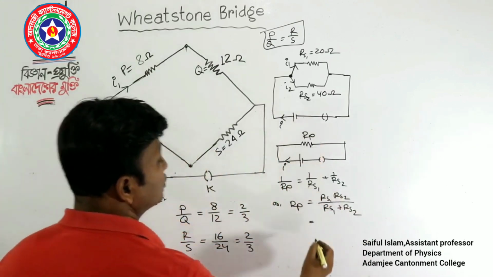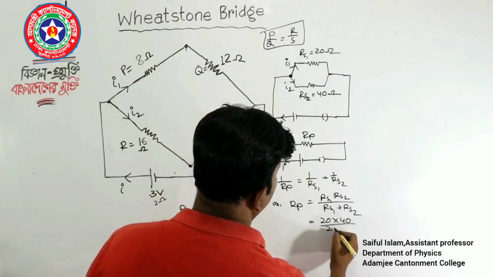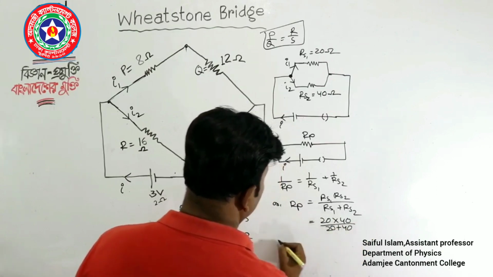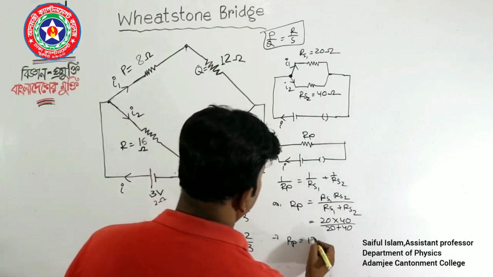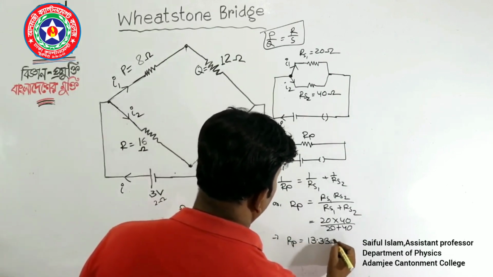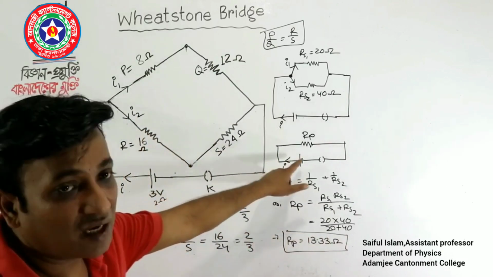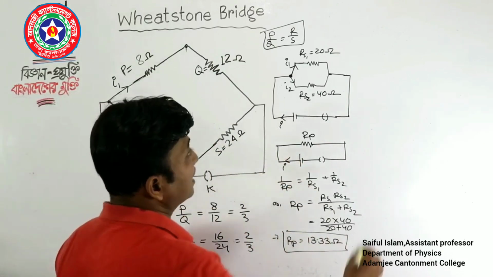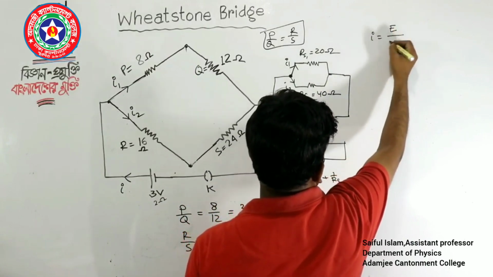Now we put in 20 times 40 divided by 20 plus 40. So the equivalent resistance is 13.33 ohms.